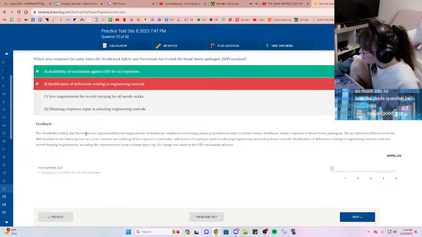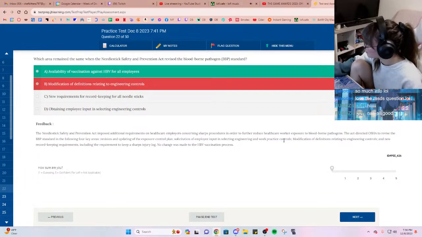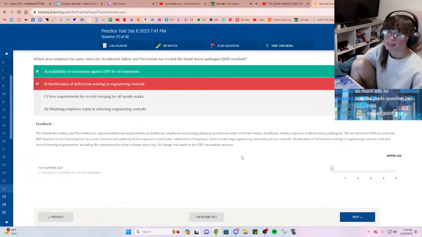The Needle Stick Safety and Prevention Act imposed additional requirements on healthcare employers concerning sharps procedures in order to further reduce healthcare worker exposure to bloodborne pathogens. The Act directed OSHA to revise the BBP standard in the following 4 key areas: updating the exposure control plan, solicitation of employee input in selecting engineering and practice controls, modification of definitions relating to engineering controls, and new record-keeping requirements, including the requirement to keep a sharps injury log. No change was made to the HPV vaccination process. That's lame. I don't like that.